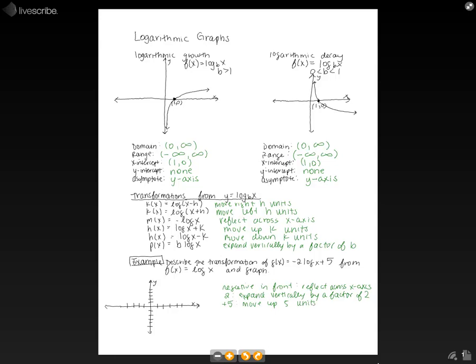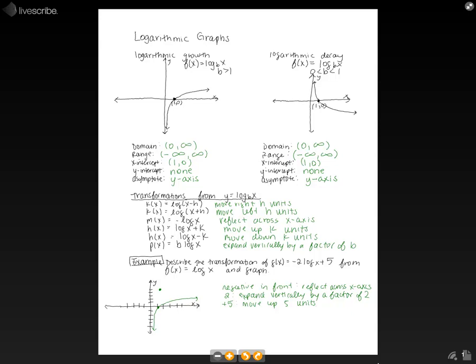So our original graph of our function will look like this. So now we know we're going to expand vertically by a factor of 2. We're going to reflect this across the x-axis and move up 5 units. So we know that that point will be up 5 units.